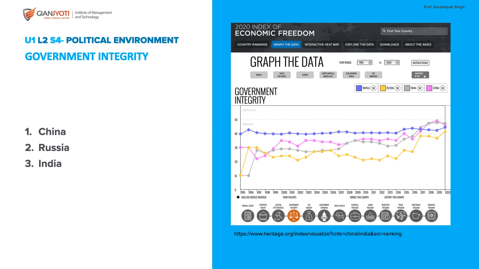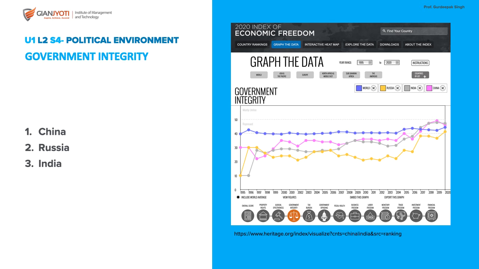Similarly, if I go to government integrity and compare, if I look at Russia, the integrity of the government has not been so great, but from 2016 it has been good, and the people, because of one man who has been governing that country and with the policies, providing a stable government, this is going well.